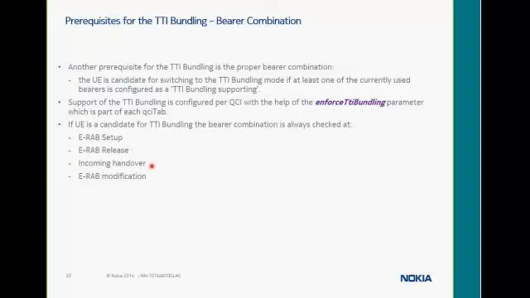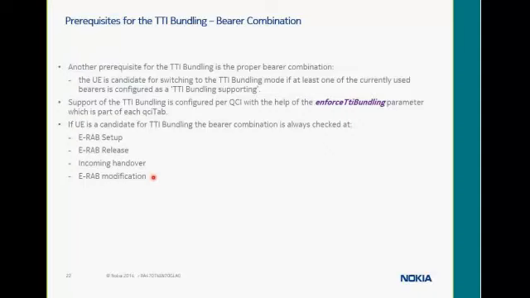If I have an incoming handover, I'm going to look at the TTI bundling functionality of the bearers that the inbound subscriber contains. Okay, so I make sure that if it has a QCI 1 coming in, it also would be able to do TTI bundling.